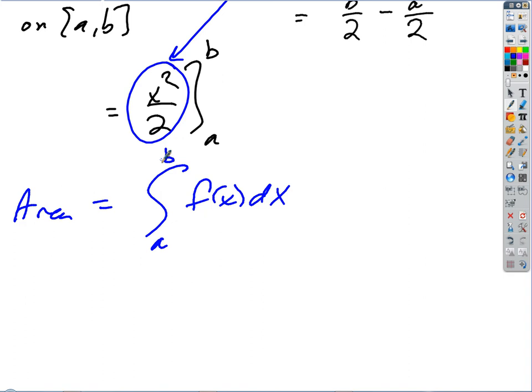And the answer we always take to be, if f is the original function and capital F is the antiderivative, whatever that might be.